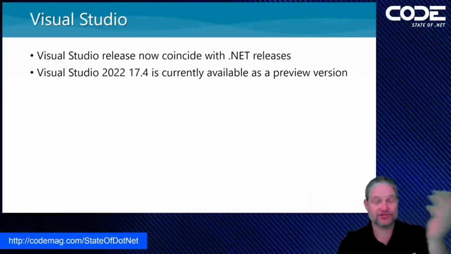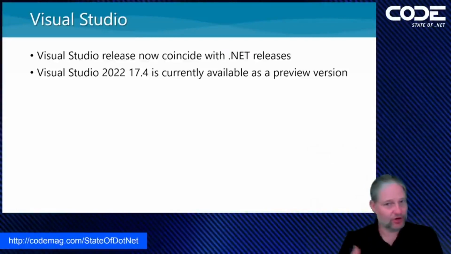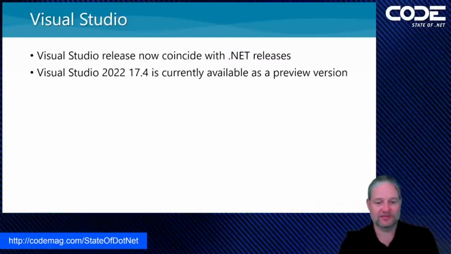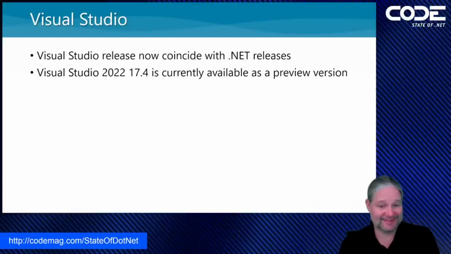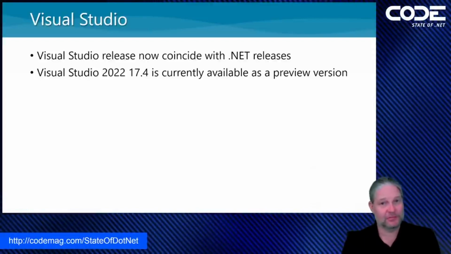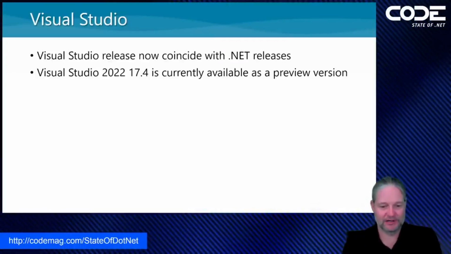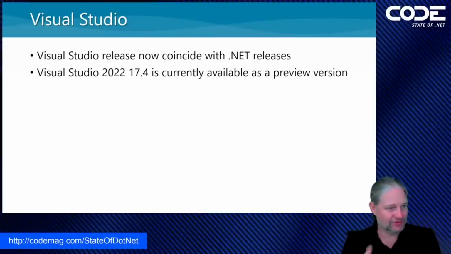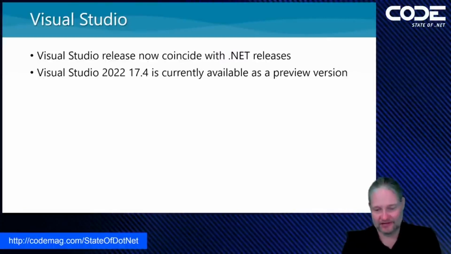Now, side note, Visual Studio, again, things are now developing in lockstep. Visual Studio now coincides with the .NET releases to support that. Visual Studio 2022 17.4 is currently available as a preview. Like I said, just this morning, I noticed there was another preview build, and this will release soon. I use that for all my development.